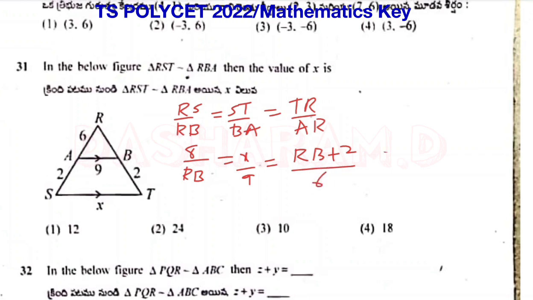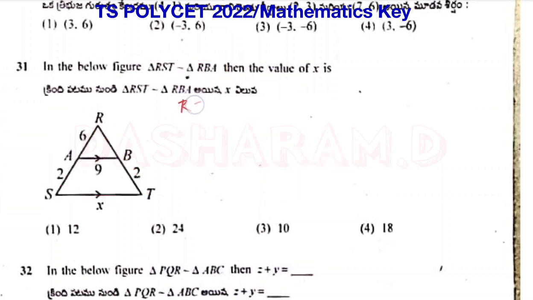So children, I think the question is given wrong. Actually, triangle RST similar to RAB should have been given, but here it is given as RBA. That is why we are unable to find x easily. We can find it, but it will become very difficult. So instead of RBA, if RAB was given, then we can get x very easily. Maybe they will add one extra mark for you.